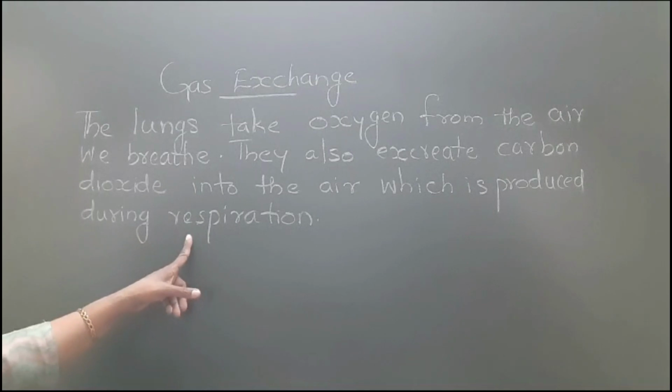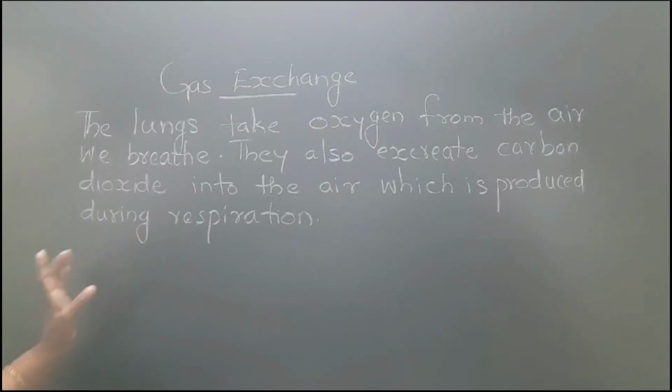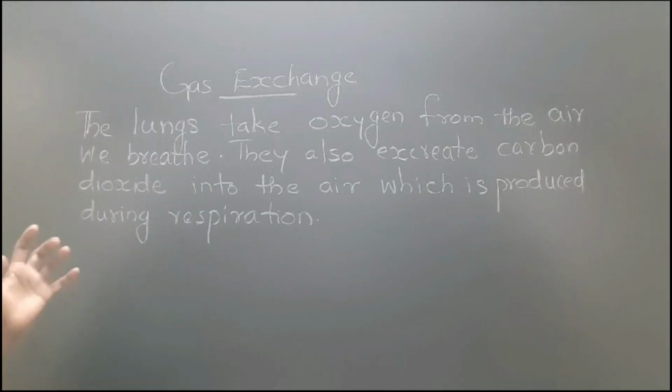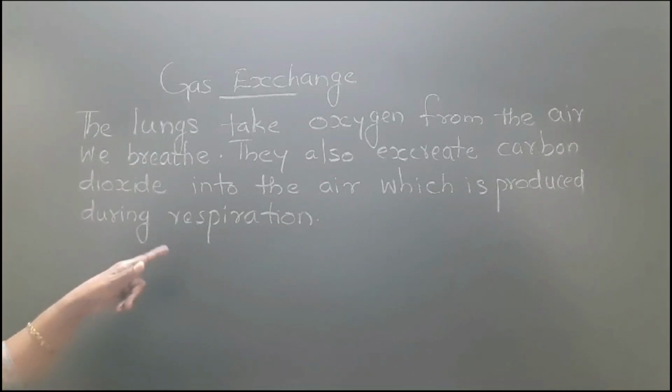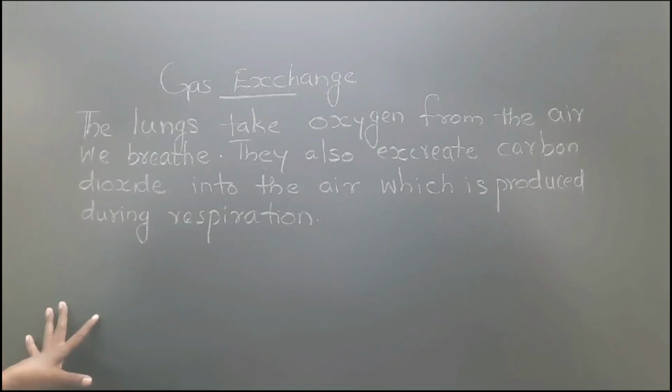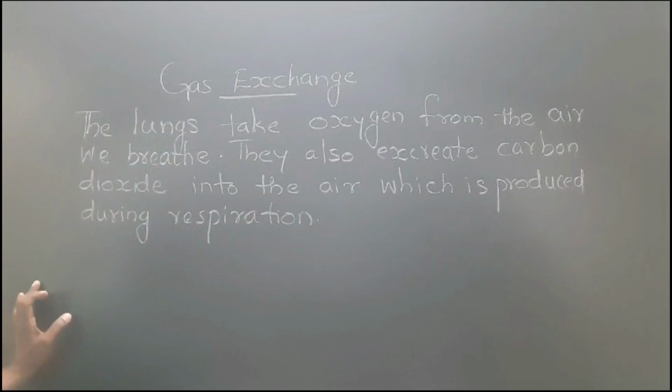During respiration, that is aerobic respiration. During aerobic respiration, the end products are carbon dioxide, water and energy. The body keeps the energy with it, and then the carbon dioxide and water are breathed out. This whole process is called gas exchange.